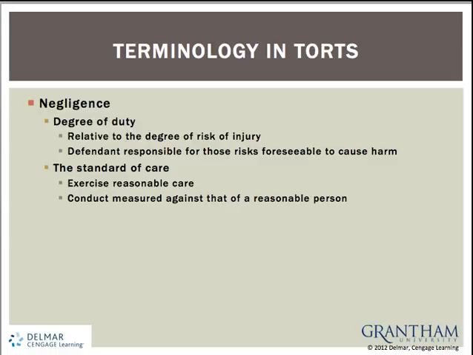For example, children, until they reach the age of 18, are judged under the reasonable care expected of somebody that is the age of that child. So if a 6-year-old is riding a bike and runs into a person causing an injury, they would be held to the standard of care of the reasonable 6-year-old, which will be a very difficult standard for the plaintiff to prove in that case.